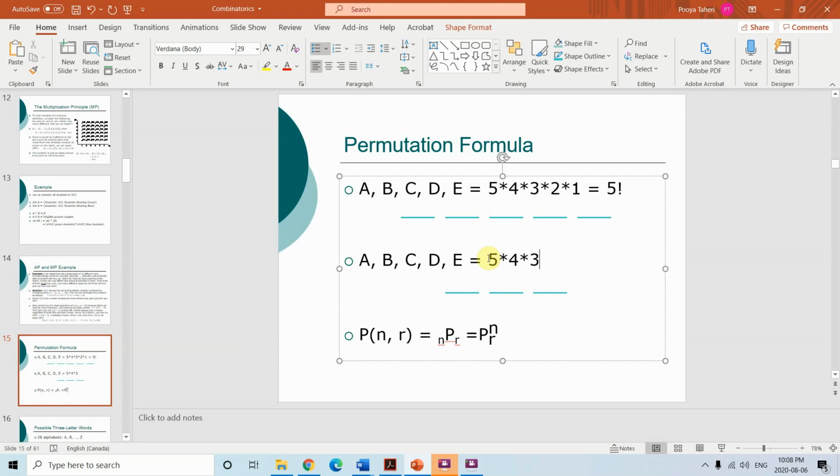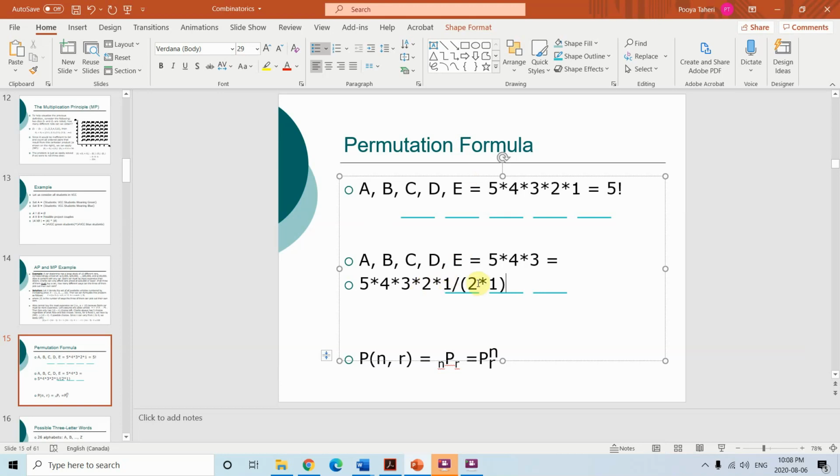But I can express this as 5 times 4 times 3 times 2 times 1 divided by 2 times 1. Basically I multiplied it by 2 and also divided it by 2. So the numerator would give us 5 factorial, and the denominator would give us 2 factorial.